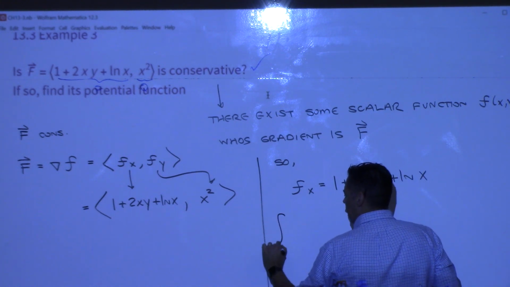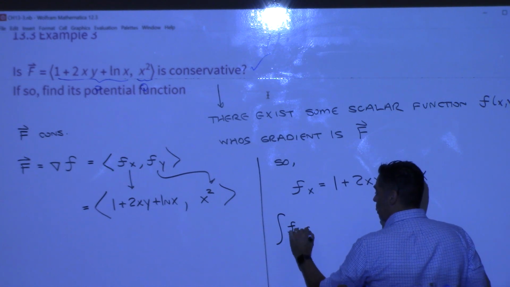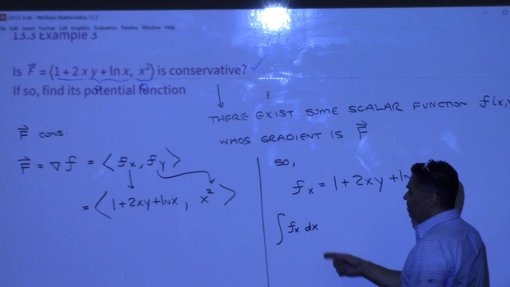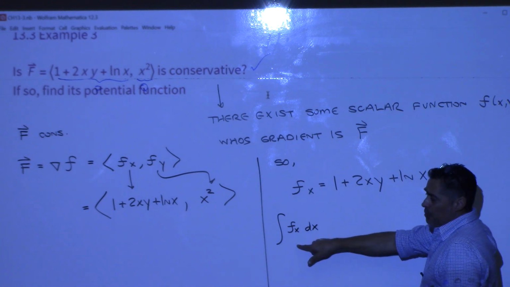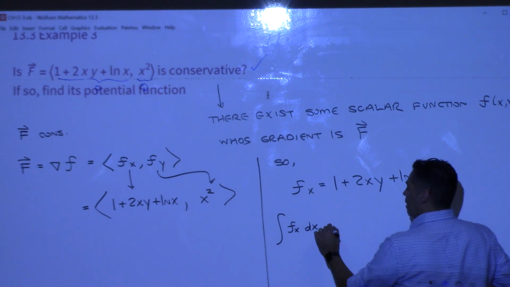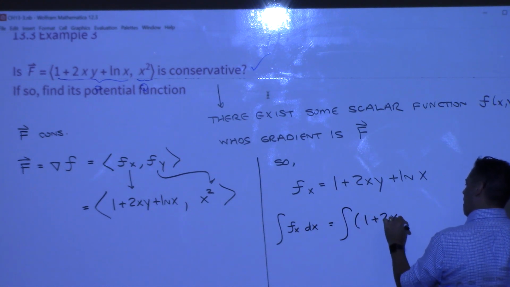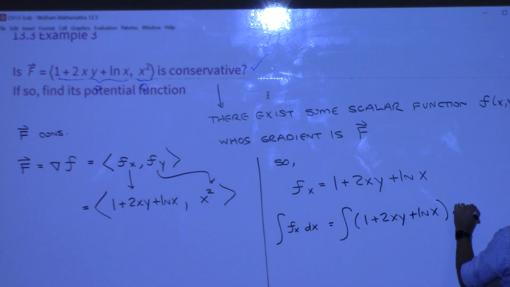I'm going to do the antiderivative of the partial of f with respect to x, with respect to what? x, right? I'm undoing this by taking the antiderivative of it with respect to x. Why with respect to x? Because that's the partial with respect to x. So I'm trying to undo that. What I do to one side, I must do to the other. I'm taking the antiderivative of that with respect to x.